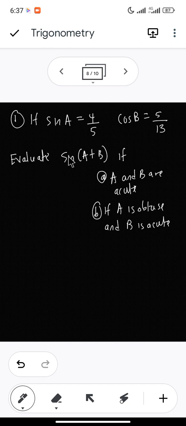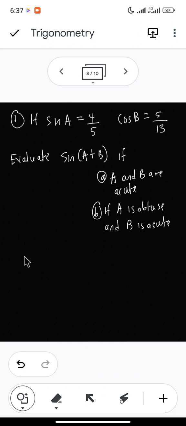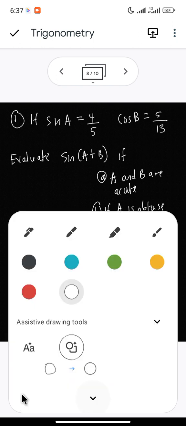Now, consider in this case we have two reference angles. Therefore, we're going to have two right angle triangles. So let's assume this to be a right angle triangle.